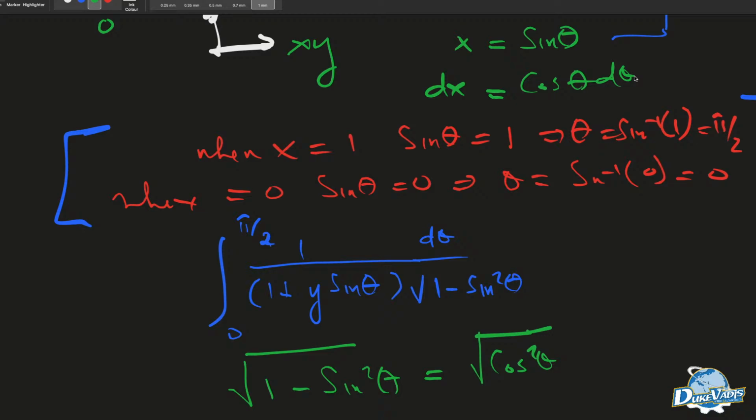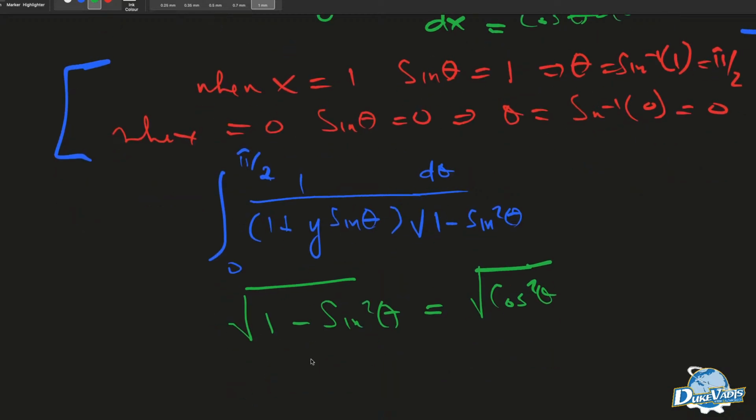Now over here, in place of dx, we can replace it with cos theta d theta. And because we know the cos squared theta, the square root of that will also give us cos theta.